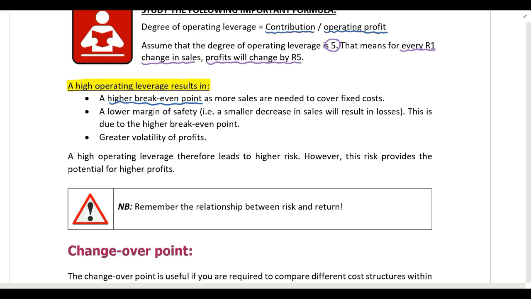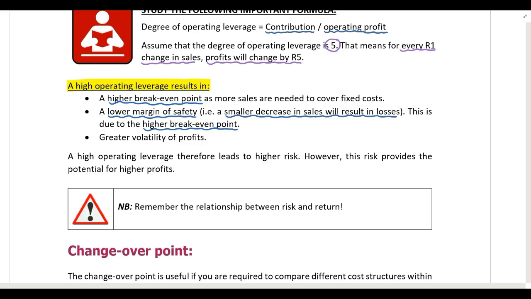In addition to that, a high operating leverage results in a lower margin of safety. So in other words, a smaller decrease in sales will result in losses, and that is due to the higher break-even point. So once again, if you go and refer to the margin of safety calculation that we performed, you'll see that the automated production process did have a lower margin of safety.